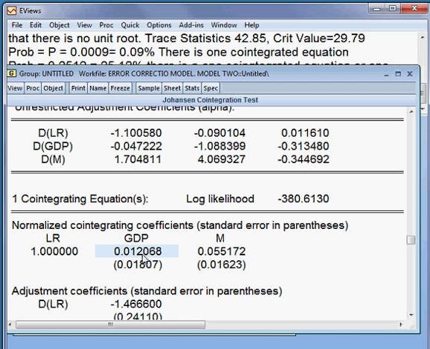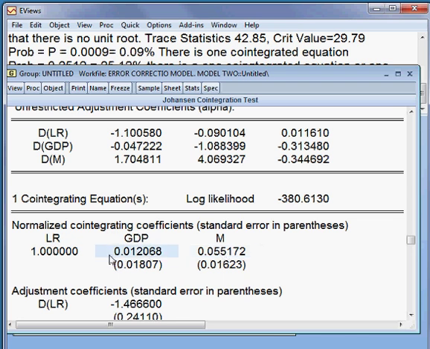Here you can see, this is a long run coefficient, and this is also a long run coefficient, not short run, because it is a long run model. The whole model is a long run model, not short run.